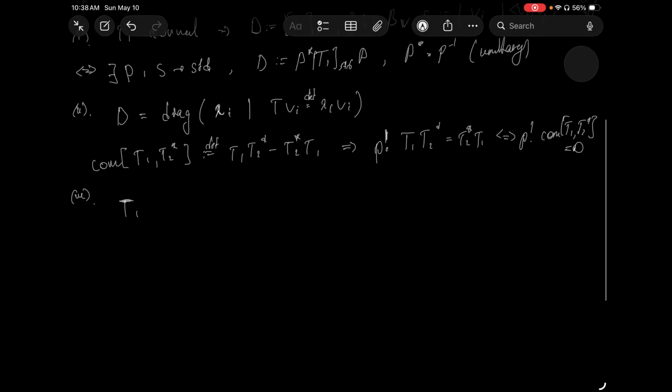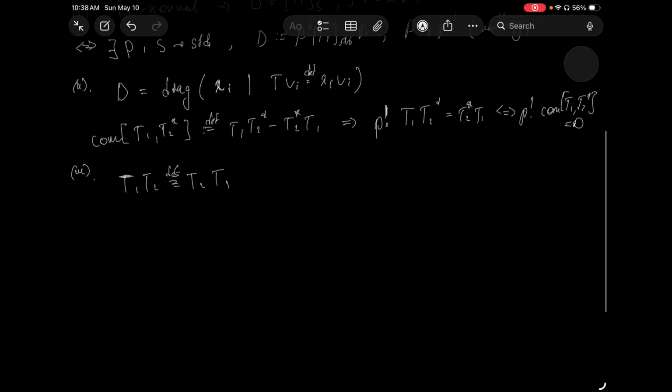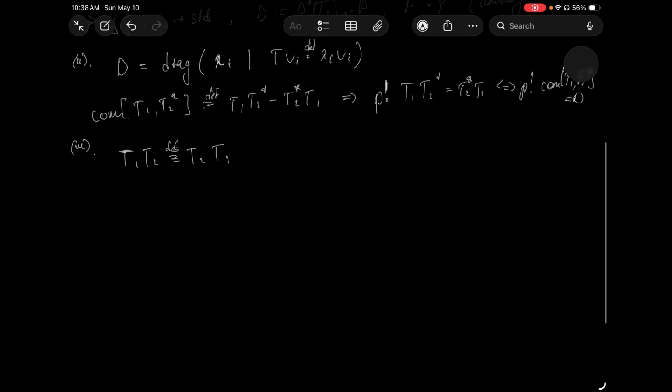Let's do the following thing. First of all, it was given that T1 and T2 commute. They're identical by definition. And let's try to take a look. What is the ij element of this matrix multiplication? The ij element of the matrix multiplication here is, by definition, lambda i, which is the eigenvalue, times T2 ij.